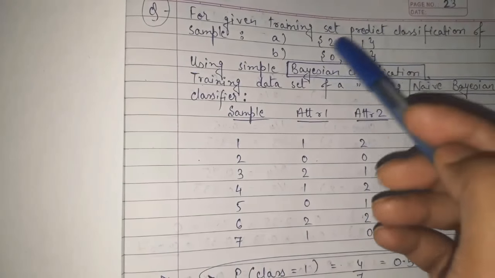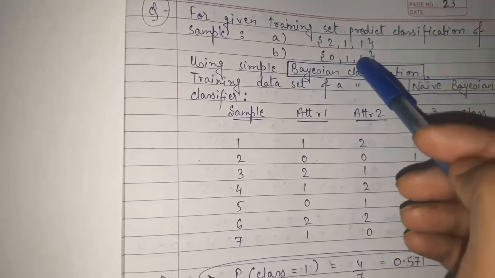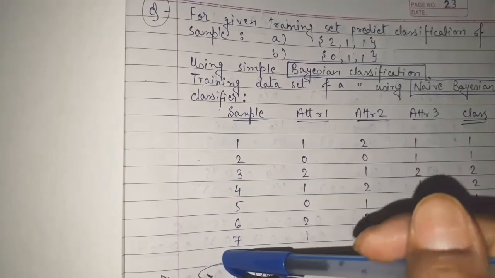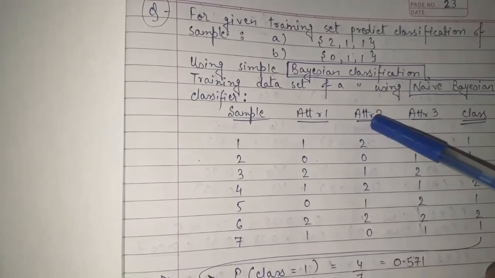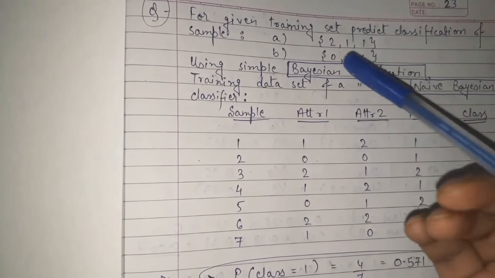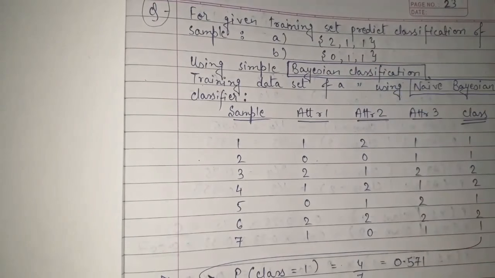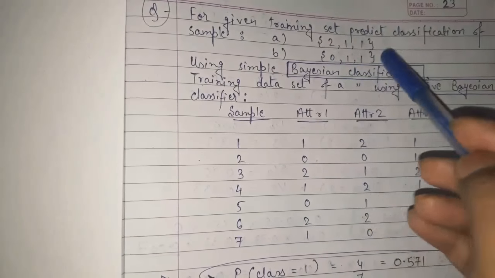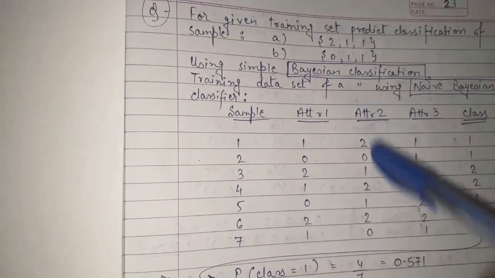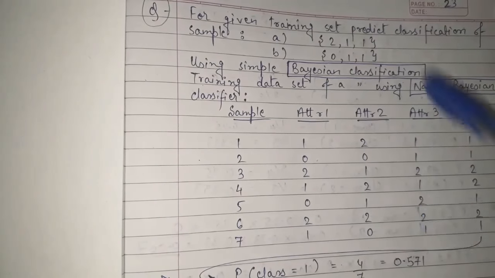Now they are telling us about the training sets. Training sets means already 7 samples are there. Now they have given us one more sample having attribute 1, attribute 2 and attribute 3 as 211 respectively. 211 means attribute 1 is 2, attribute 2 is 1 and attribute 3 is 1.